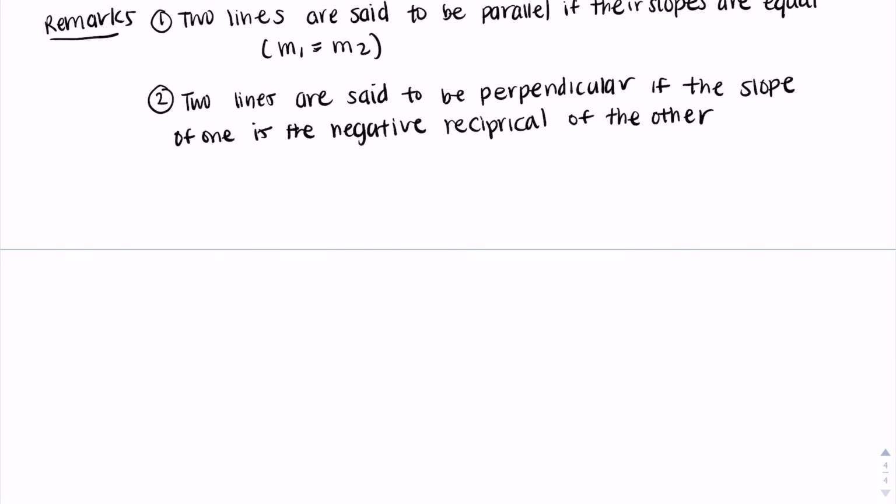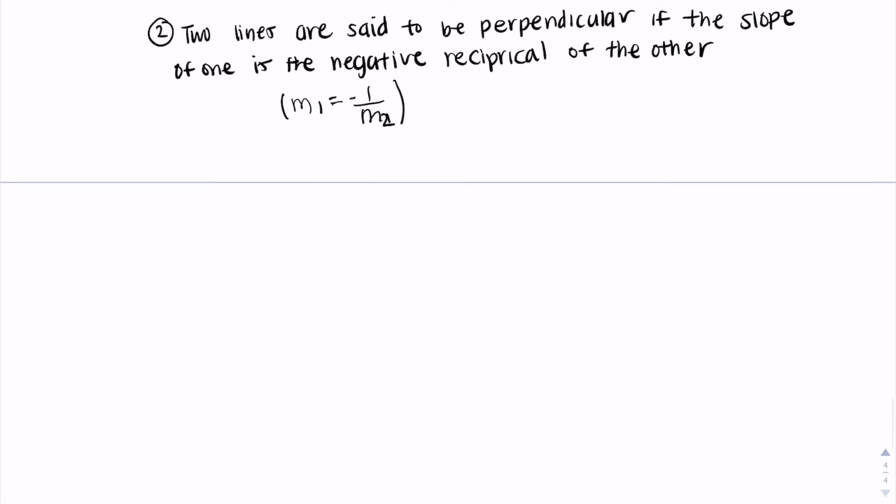What this means is that m1 is equal to negative 1 over m2. So they're only perpendicular if the slope is the negative reciprocal of the other.